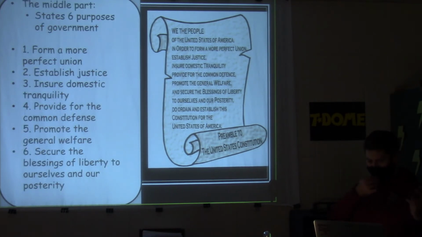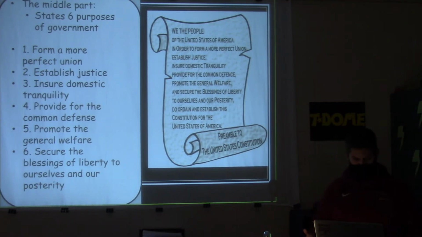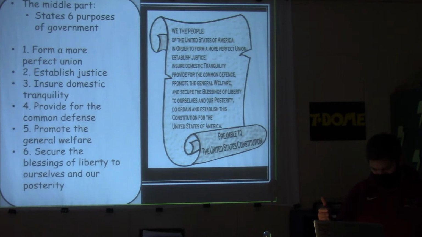Alright, the middle part of the preamble states the 6 purposes of government. 1, form a more perfect union. 2, establish justice. 3, ensure domestic tranquility, which is domestic peace. 4, provide for the common defense. Establish a military.